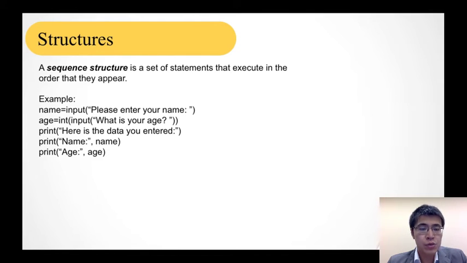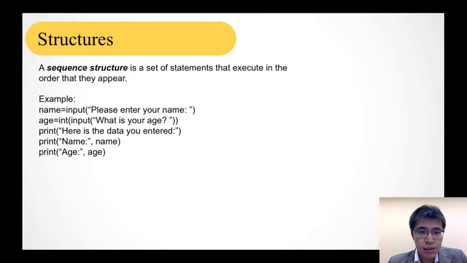After you give these 2 inputs, you use the print function to show, okay, here is the data you entered, what's your name and what's your age. Eventually, what you complete is a task. This task includes 2 inputs and shows 3 messages on the Python console. And this is a sequential structure code.